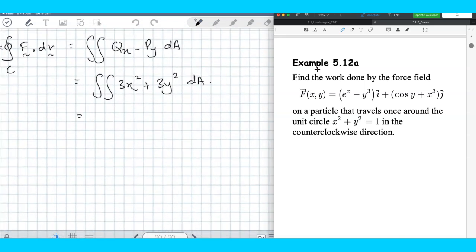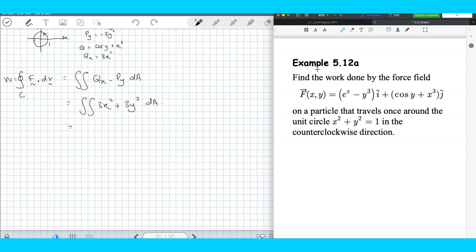Since your region is a circular region, we can use polar. So now we change into polar: 3r squared times r dr d theta, where theta is 0 to 2 pi and r is 0 to 1.